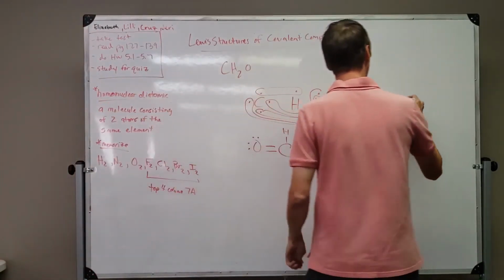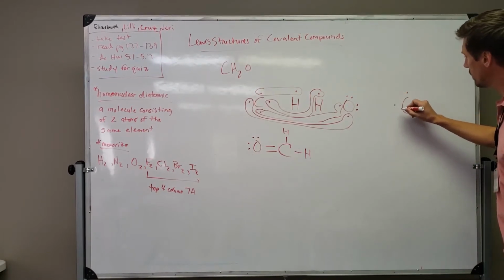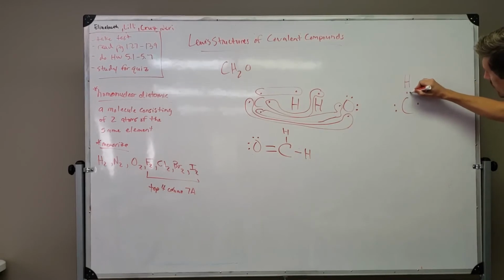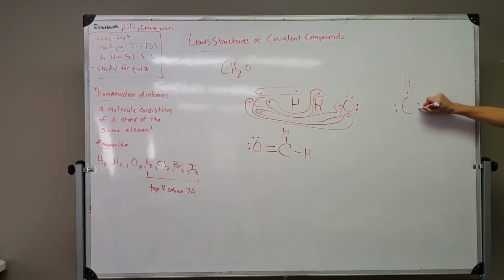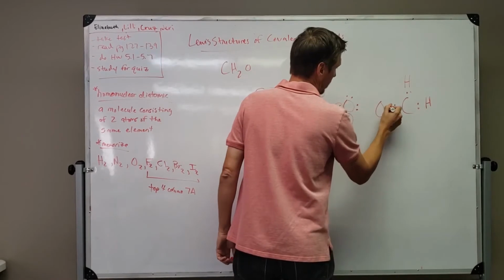So maybe what you would want to do actually on your paper that might be easier for you to see is put a hydrogen up here with its single electron, and a hydrogen over here with its single electron, and then you could put your oxygen over here.